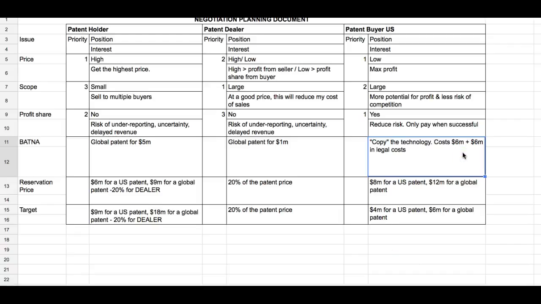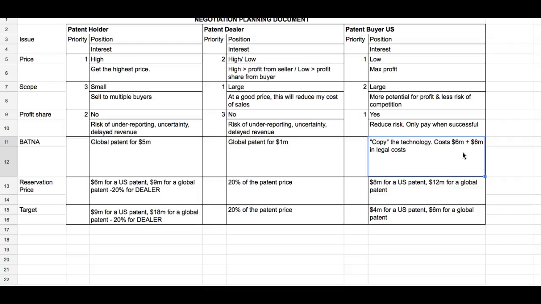Basically, the BATNA is 12 million in total, but the cost to make the technology is only 6 million. So as a buyer, I would ignore the legal cost and just say, you know what, I can make this myself for 6 million. My costs are lower than yours, so why don't I buy this from you for 6 million?